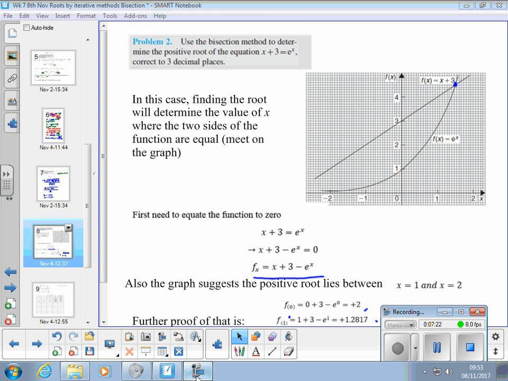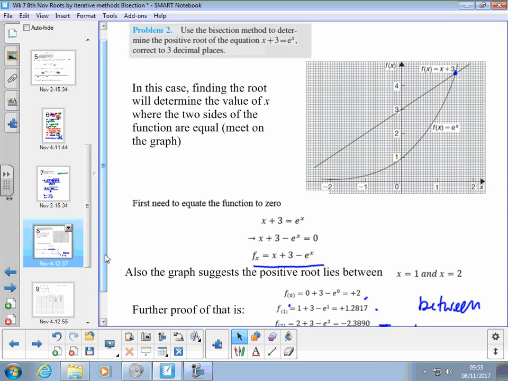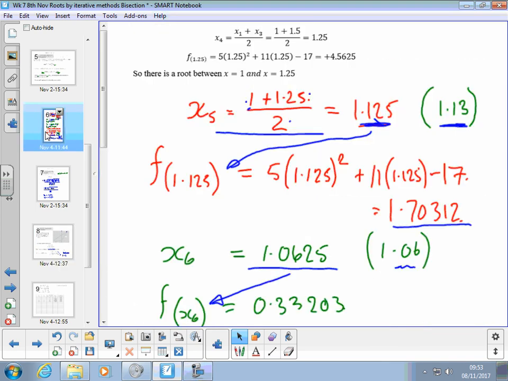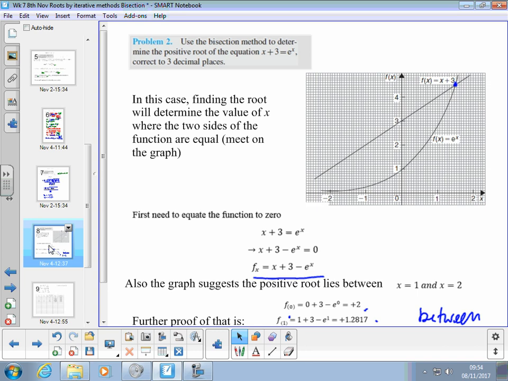If you look, yeah, when these 2 lines cross, so that's, so you're not looking for where x is 0, you're looking for the root.